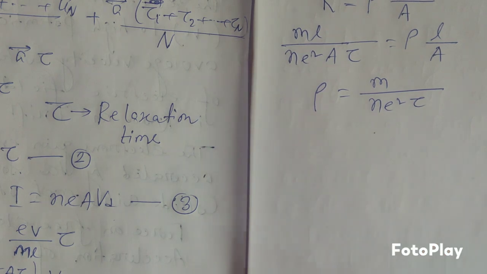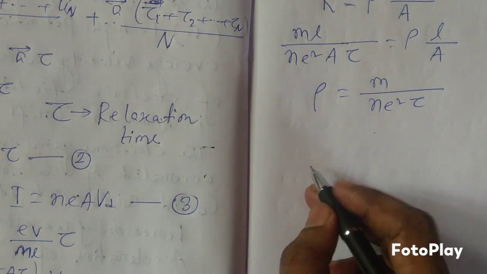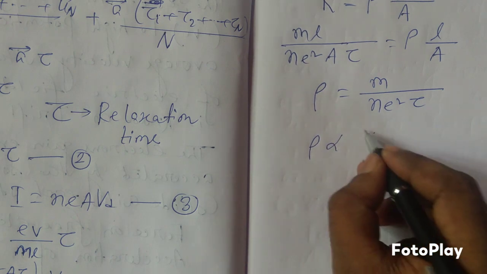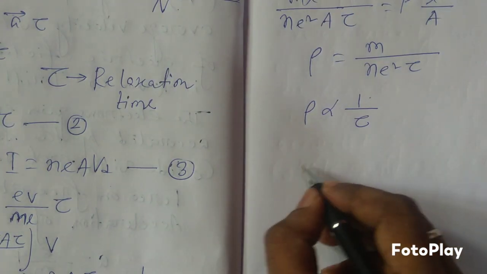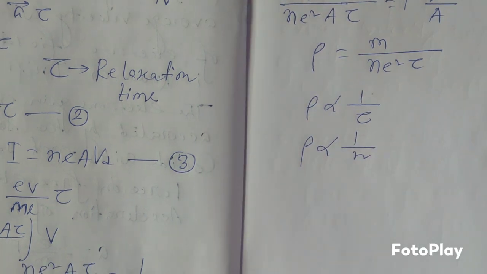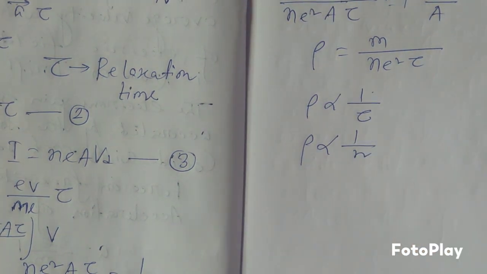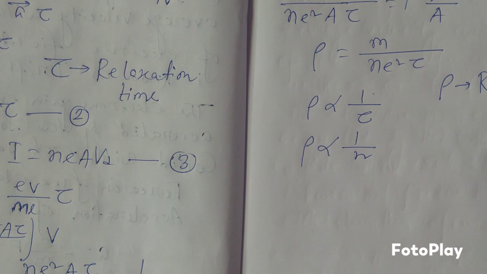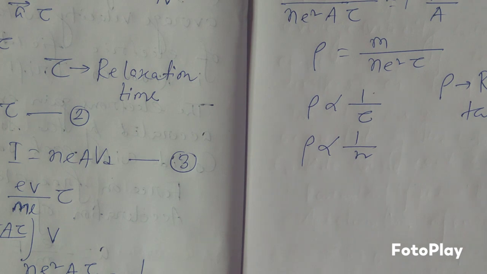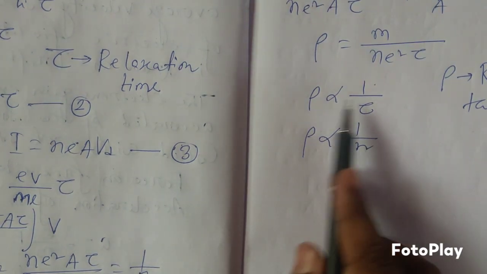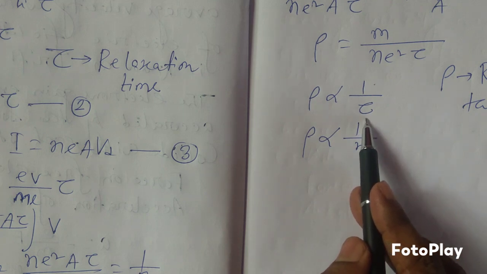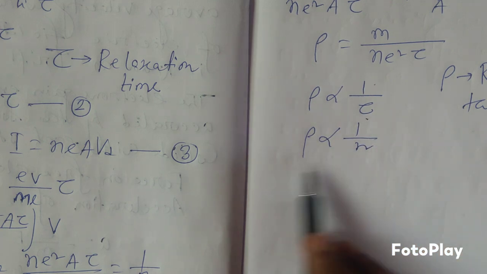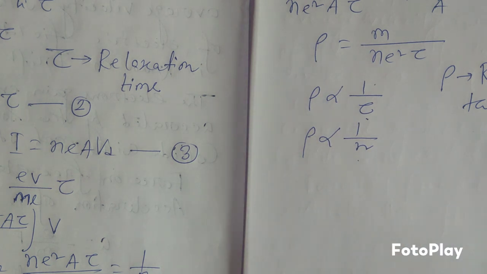From this concept we get that rho is proportional to 1 by tau and rho is proportional to 1 by n. So resistivity rho of the conductor depends on tau, the collision relaxation time, and on n, the number of electrons per unit volume.